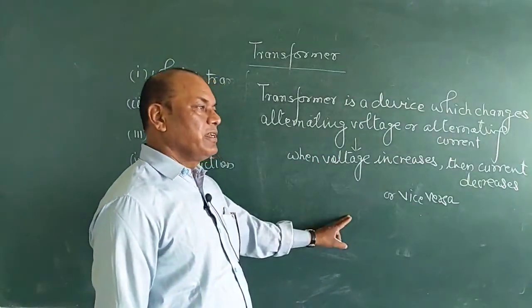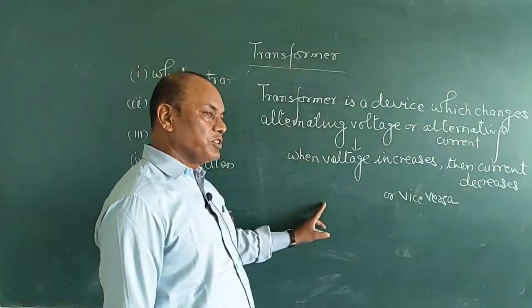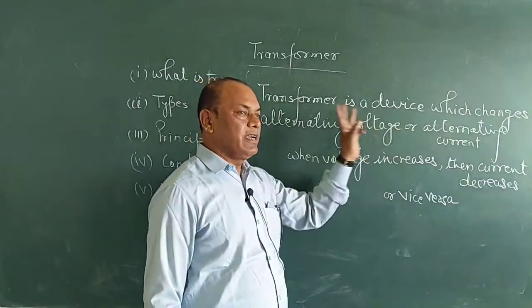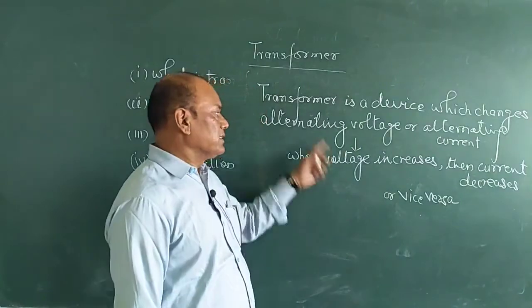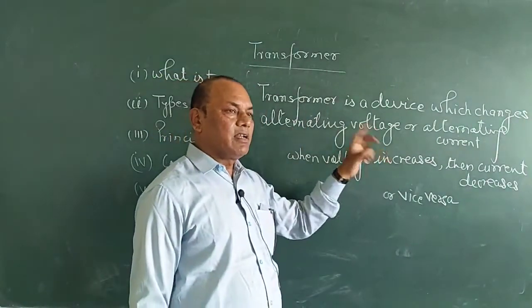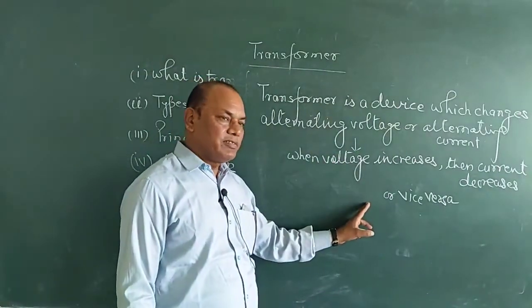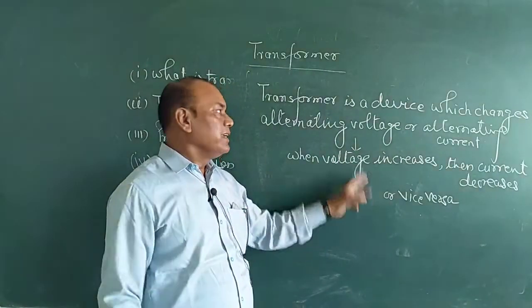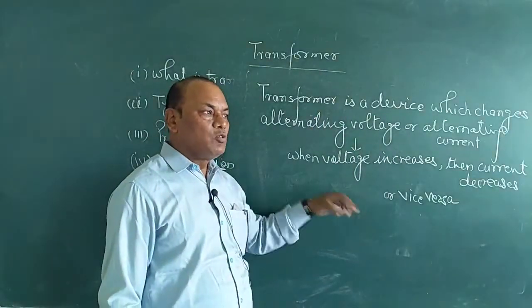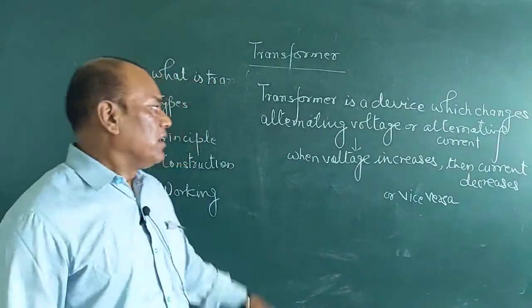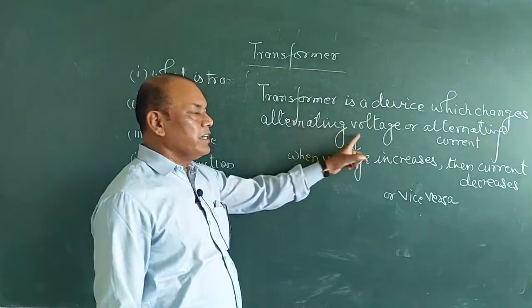And the next point, this transformer is used only to change alternating voltage or alternating current, because such types of voltage or current has frequency. If there is no frequency like direct current, it is not used to make any change. Why it is used in alternating voltage?